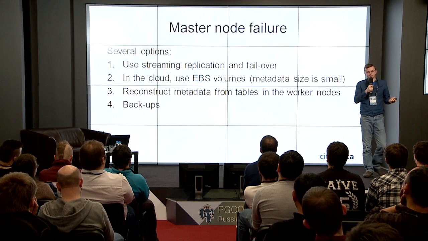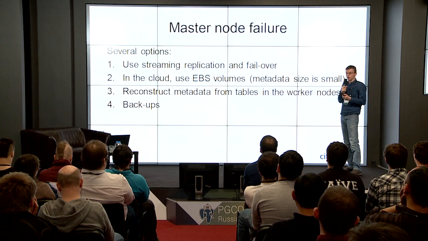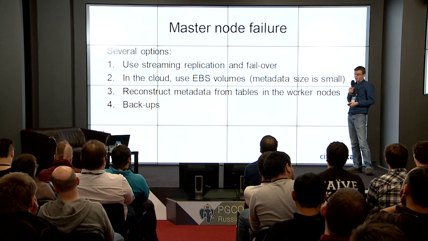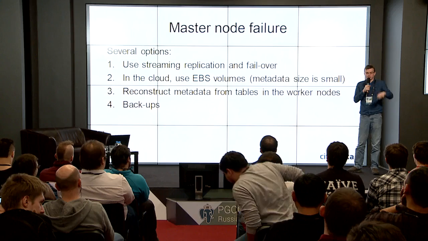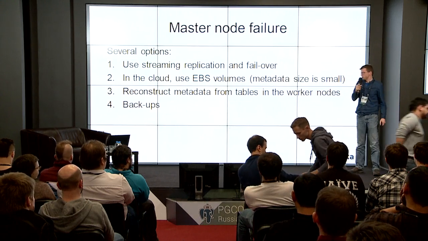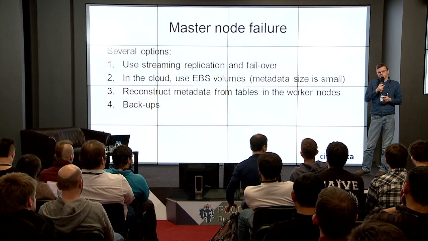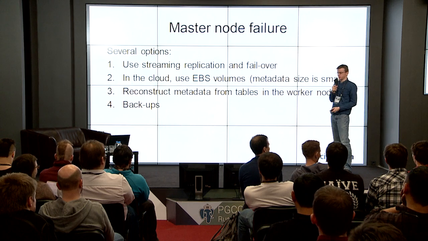So whatever backup or replication mechanism works for Postgres works for the master node as well. So you can use streaming replication, or you could just do pg_dump and put it into another node. In the cloud, you could use EBS volumes. Even if you completely lose the master node, it's still possible to get back the metadata from the workers, actually.